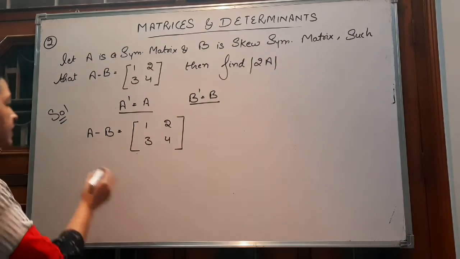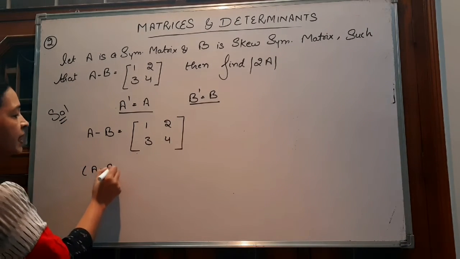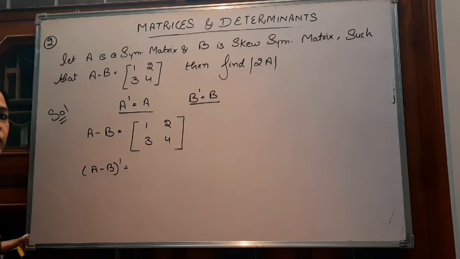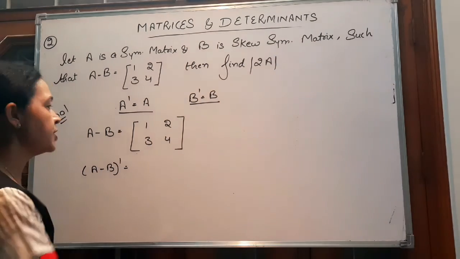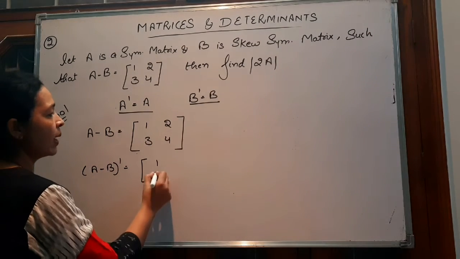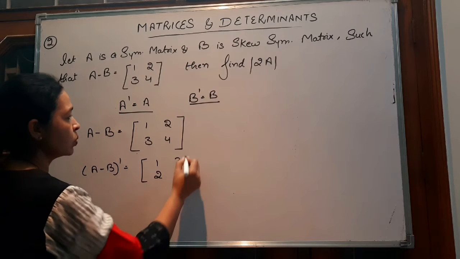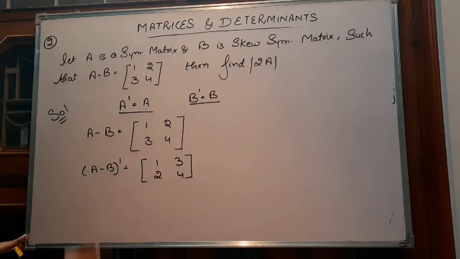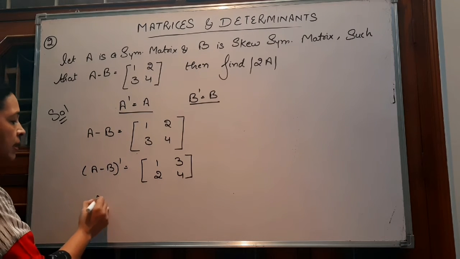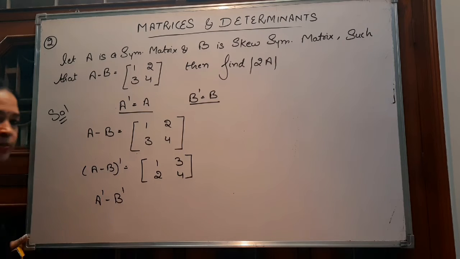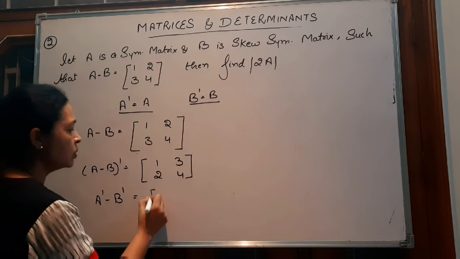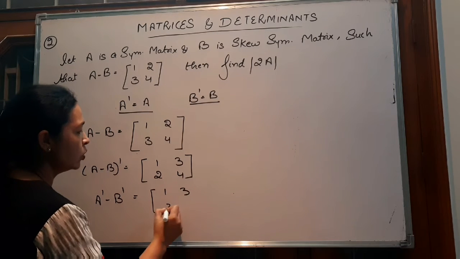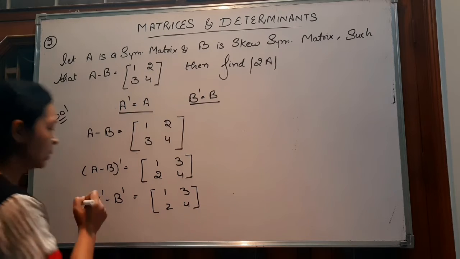Transpose on both sides. (A minus B) transpose is the transpose of the matrix, an interchange of rows and columns: 1, 2, 3 and 4. A transpose minus B transpose equals 1, 3, 2, 4.